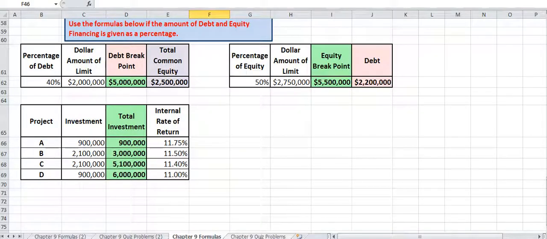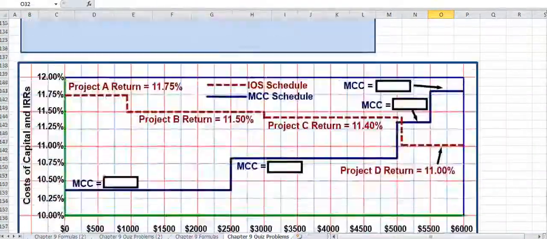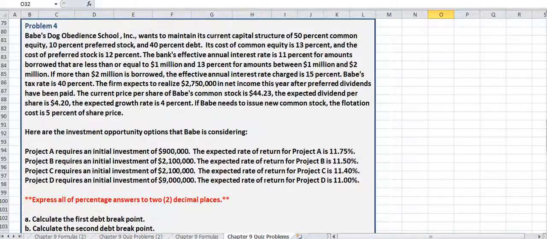So now it gets a little bit complicated. You've got to look at what that's going to cost in the problem. So we've got a common stock price of $44.23, a dividend per share of $4.20. The growth rate is 4% and a 5% flotation cost.